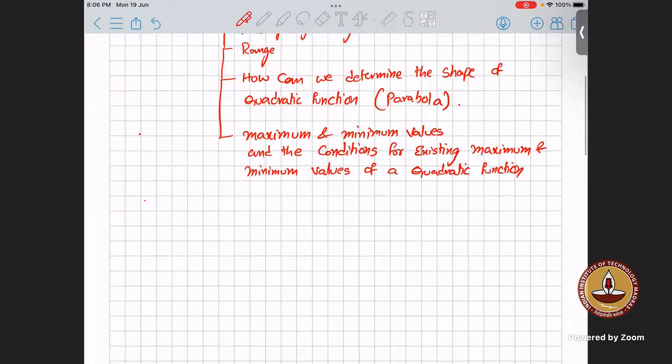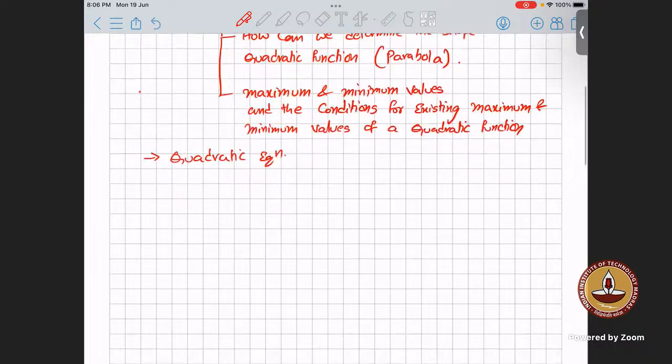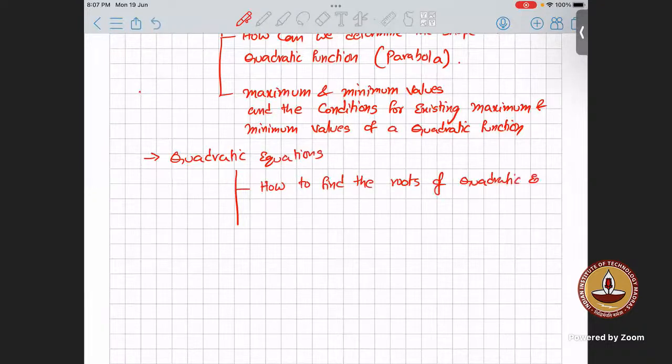And then we will move to quadratic equations, in which we will discuss how to find the roots of a quadratic equation. There are three methods.